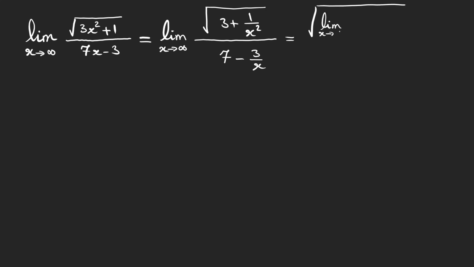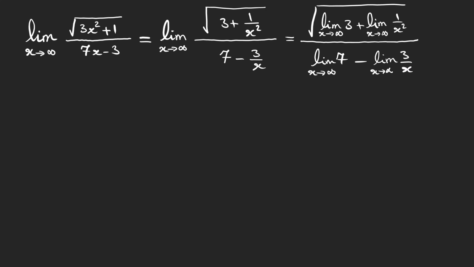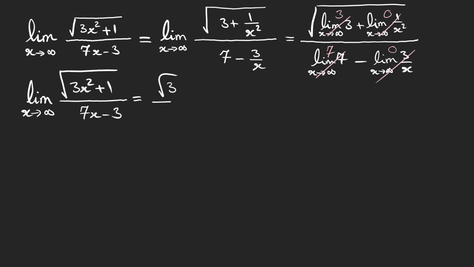We can write the limit like this, and by taking the limit under the square root, we are assuming that the limit of what is under the radical does not become negative. This is 3, this limit is 0, this one is 7, and this is also 0. So our function tends to square root of 3 over 7.